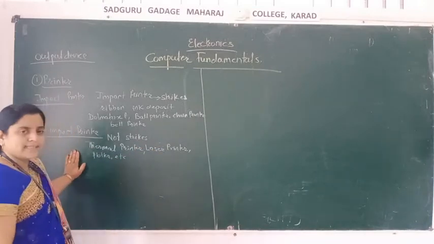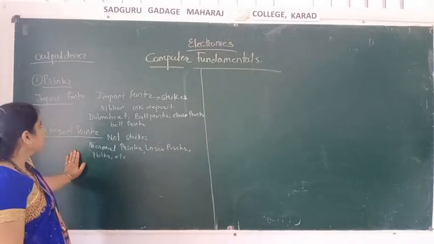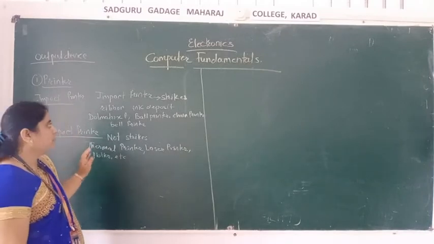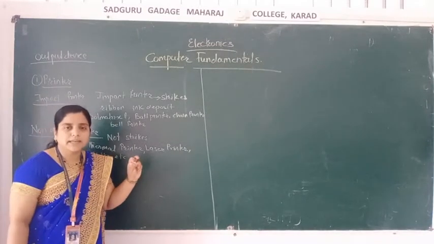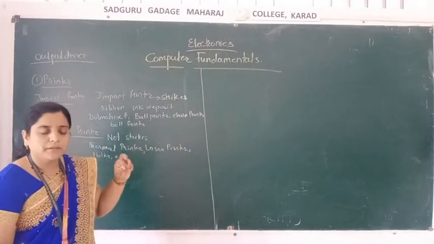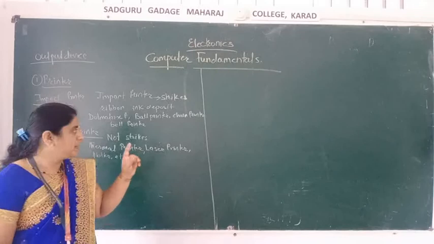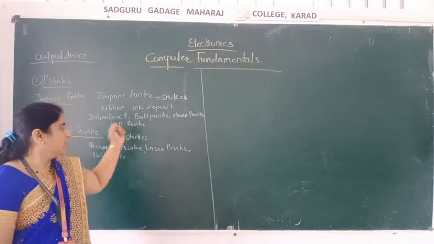So keep in mind, impact printer and non-impact printer. In the impact printer, the ribbon strikes the paper and ink is deposited. Examples are dot matrix printer, ball printer, chain printer and bell printer.